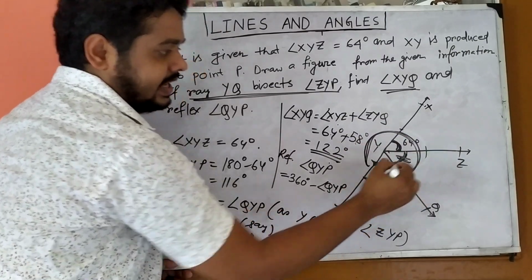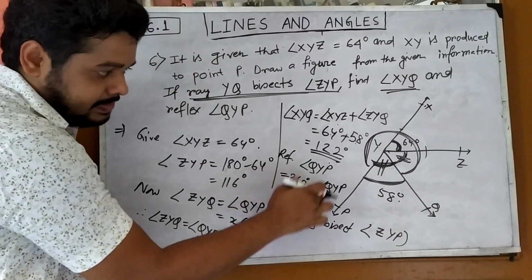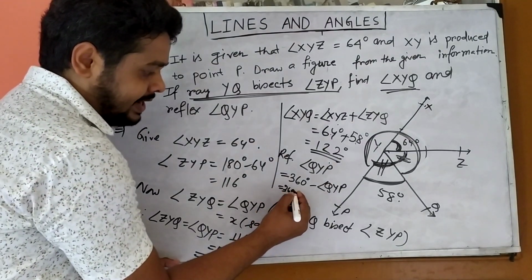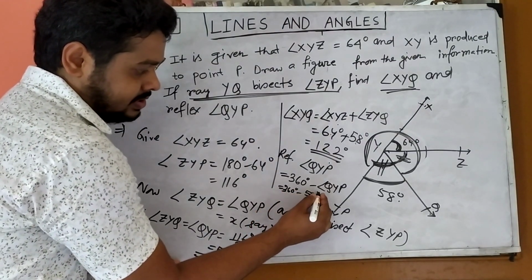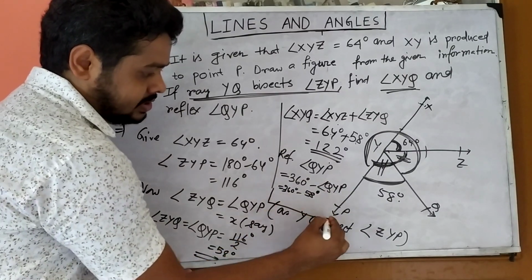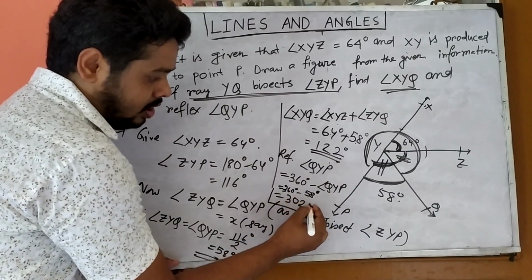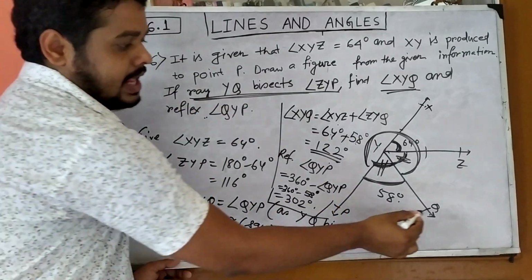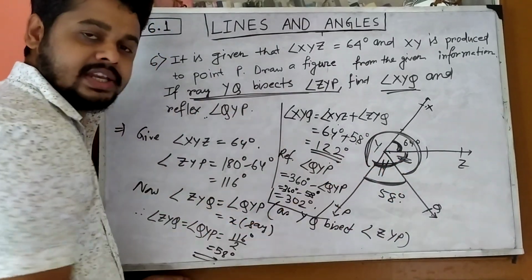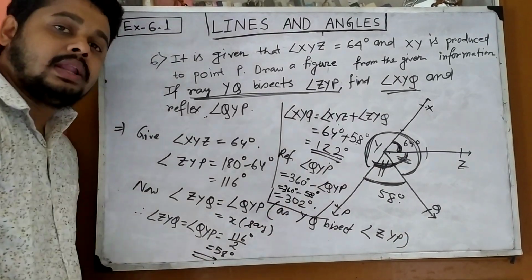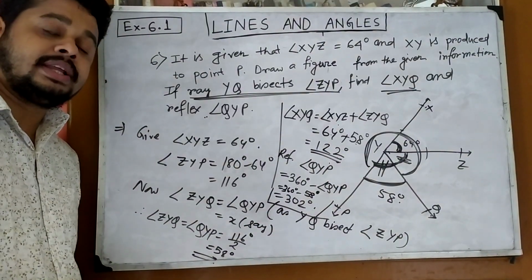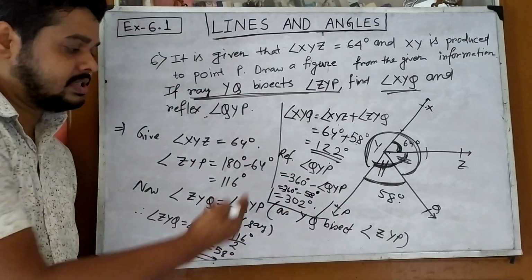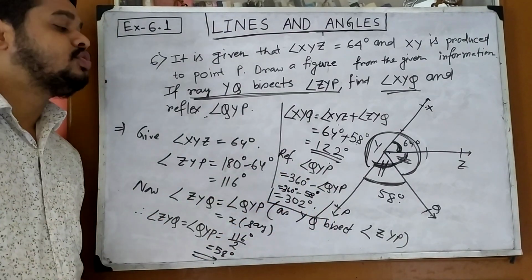So its reflex angle will be 360 minus 58, that is 302 degree. This is our second answer. As angle QYP is 58 degree, to obtain the reflex angle we have to subtract it from 360. 360 minus 58 degree is 302 degree.